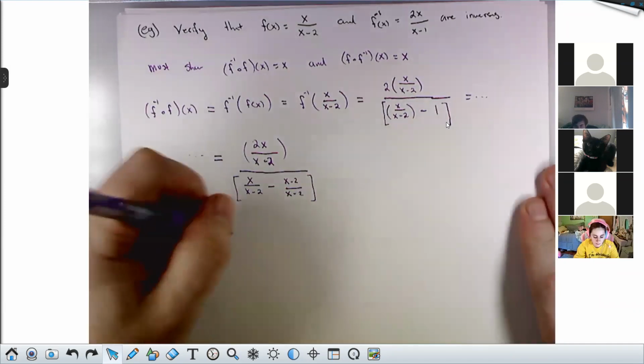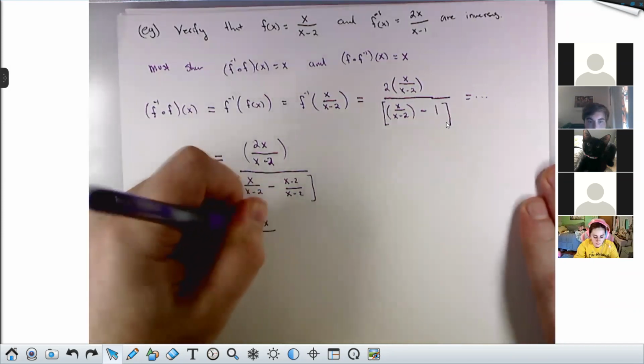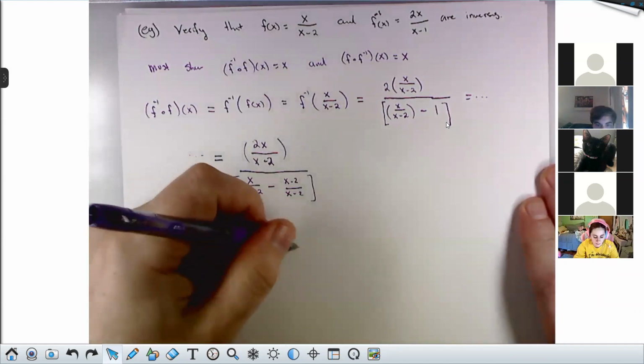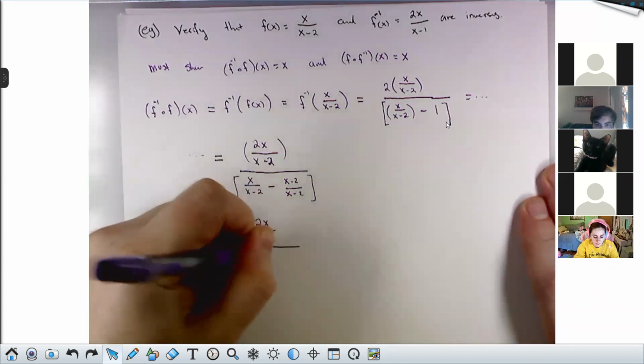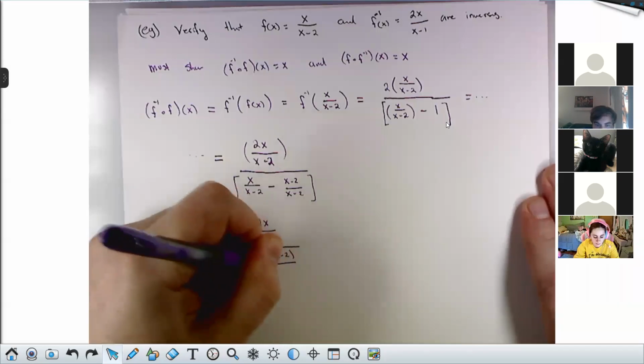Now I can simplify the downstairs. I've got my 2x over x minus 2 upstairs. And downstairs, I've got x minus parentheses x minus 2, over x minus 2.